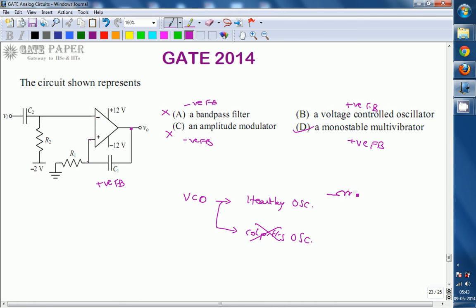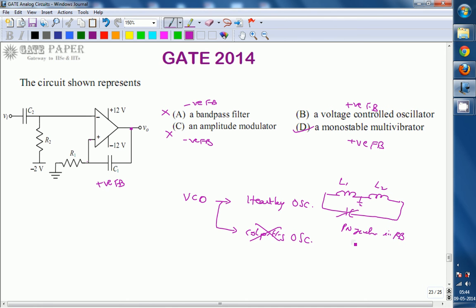A Hartley oscillator has two inductors and one capacitor, like this. This is the feedback circuit for the Hartley oscillator, and the capacitor is replaced with a PN junction under reverse bias.